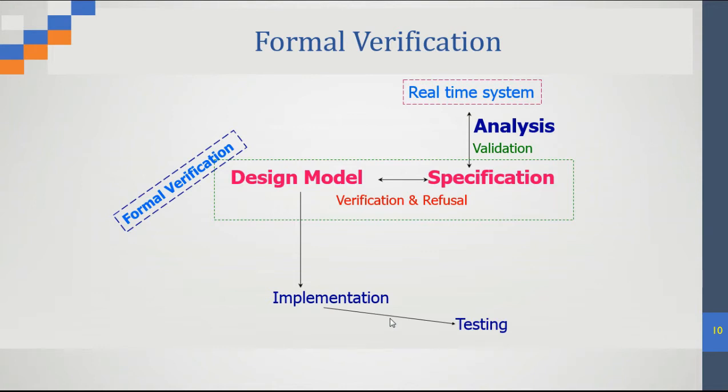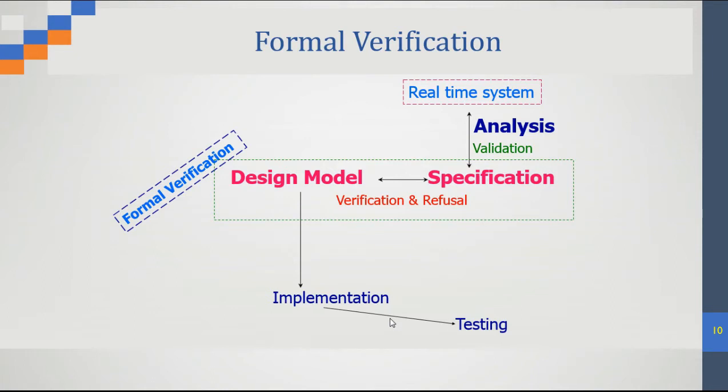Formal verification is the act of proving or disproving the correctness of the methods used in this system. So there are some methods we should use to verify the design of the system: does this design meet the specification or not? Formal verification is the act of proving or disproving the correctness of the algorithm underlying a system.